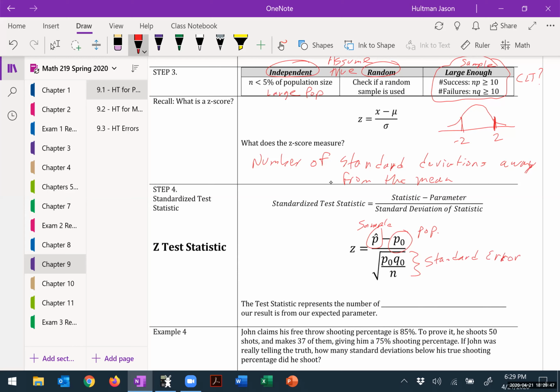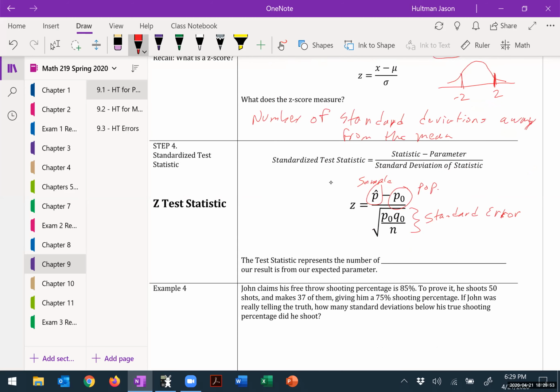That's our standard error from the confidence intervals. The test statistic represents the number of standard errors our result is away from our expected parameter.